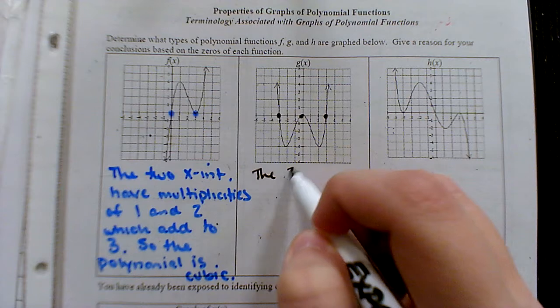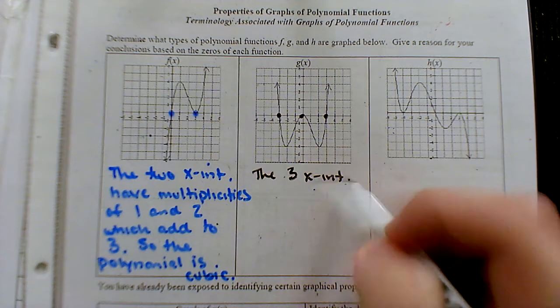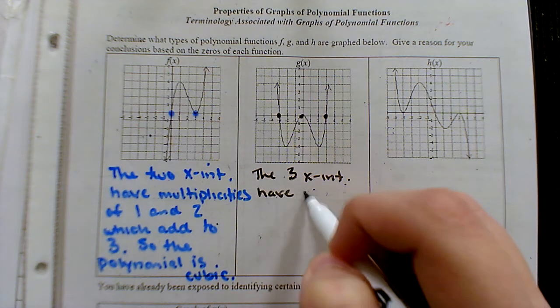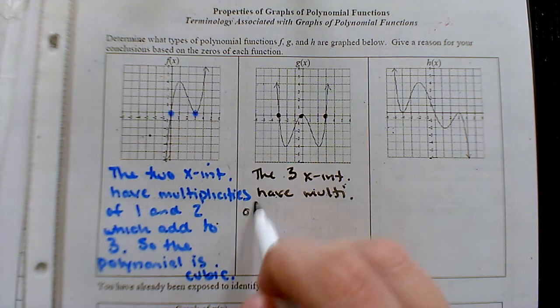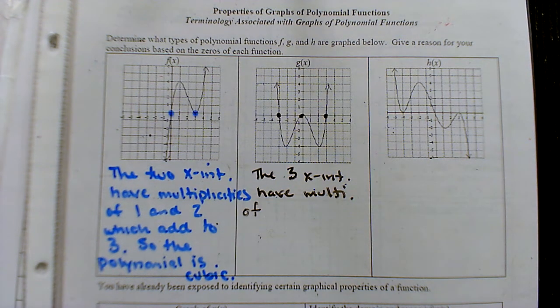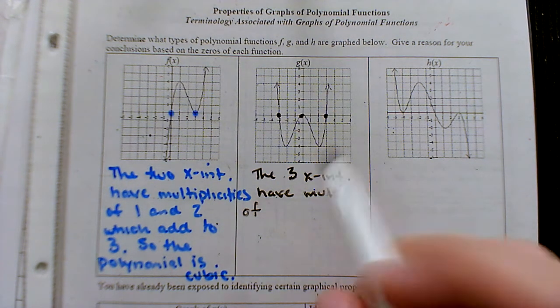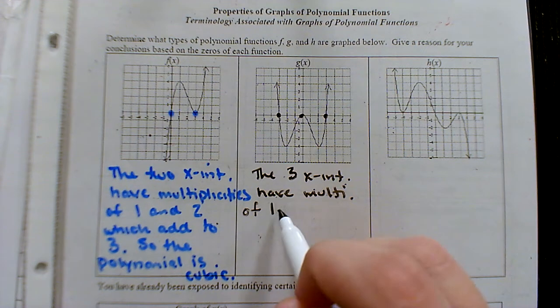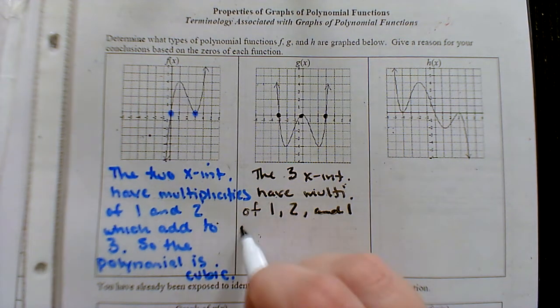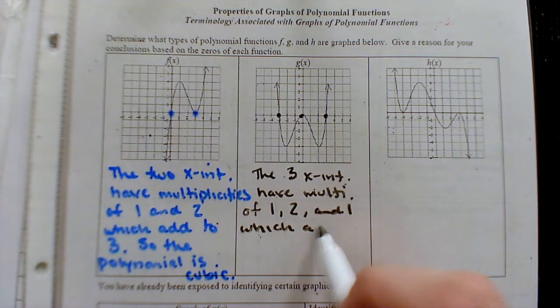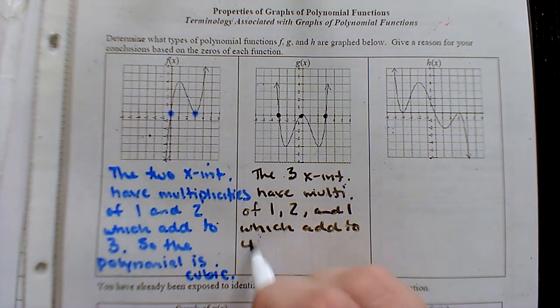So the 3 x-intercepts have multiplicities. I abbreviated because I ran out of room, but multi just means multiplicities. Multiplicities of 1, 2, and 1, which add to 4.